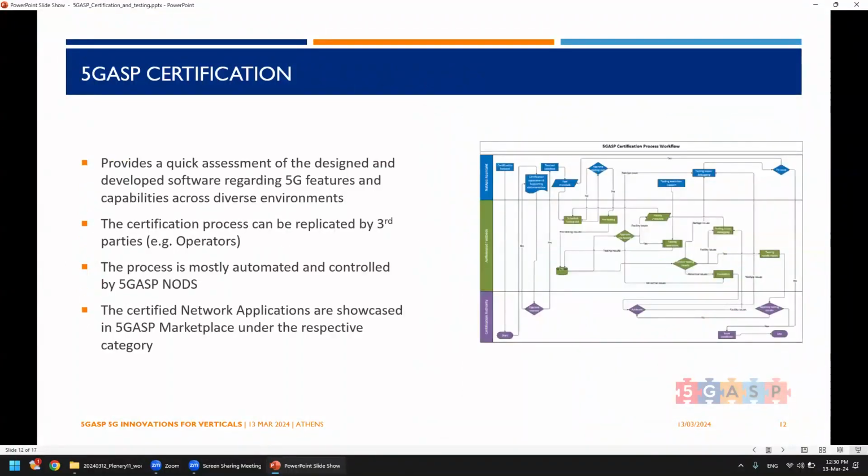So coming to the certification. After testing is concluded, the typical cycle of 5GASP is that the 5GASP certification would initiate.